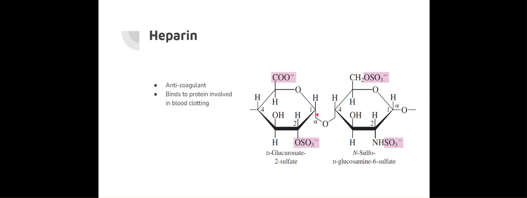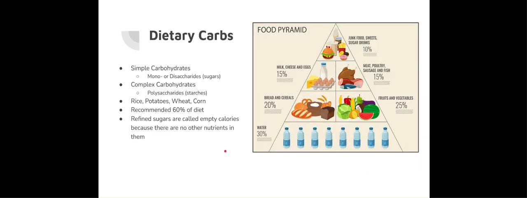And again, in this case, it's an alpha linkage between these. And these form long chains as well. And this is heparin. So again, I'm not going to test you on drawing the diagram of heparin or anything like that. But knowing that heparin is an anticoagulant is useful to know.